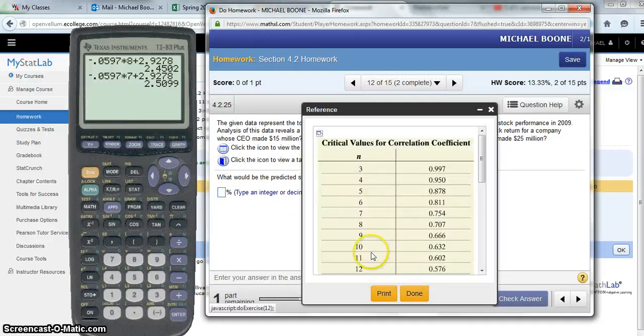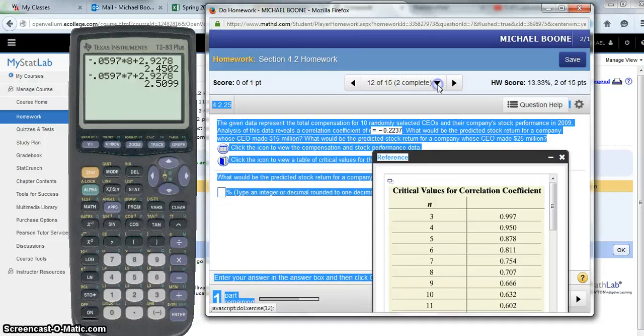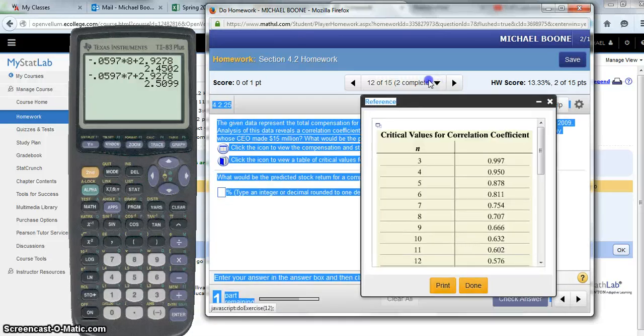If we have 10 data points, it really needs to be higher than 0.632. Again, we're comparing this to 0.2237. We don't need to look at the sign. Look at the absolute value of R. And so 0.2237 is not higher than 0.632. Therefore, there's not enough evidence to show that they have a linear relationship.